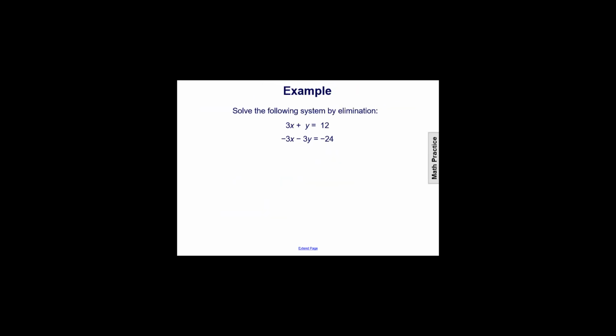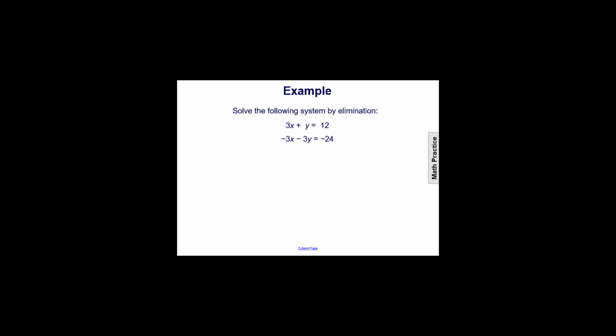Let's try one more. So here we have solve the system by elimination. We have 3x plus y equals 12, and negative 3x minus 3y equals negative 24. The system has both equations written in standard form. So using elimination, our first step would be to find which variable we're going to eliminate.